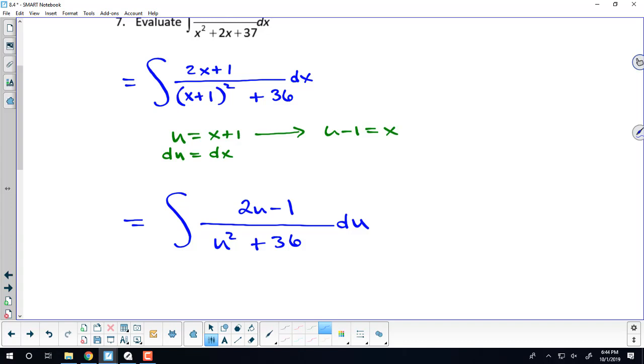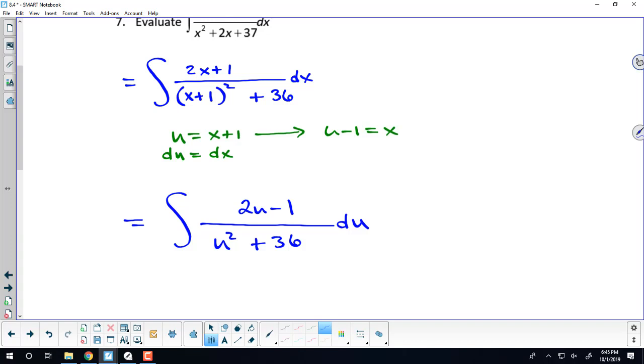Okay, so the one that we looked at previous to this was similar, and what we did from this step was we split that up, 2u over u squared plus 36 minus 1 over u squared plus 36. The 2u over u squared plus 36, that's logarithmic form, or u substitution. And then the 1 over u squared plus 36 is what?